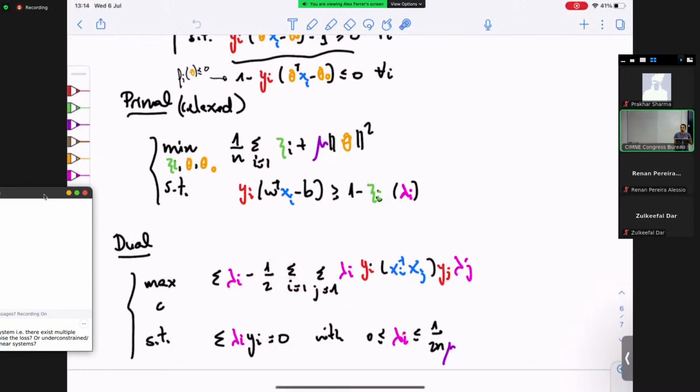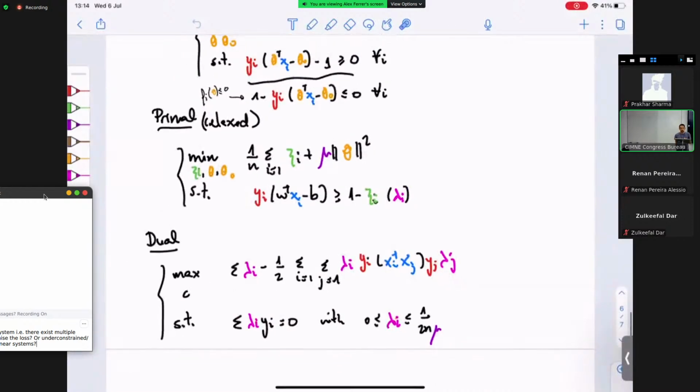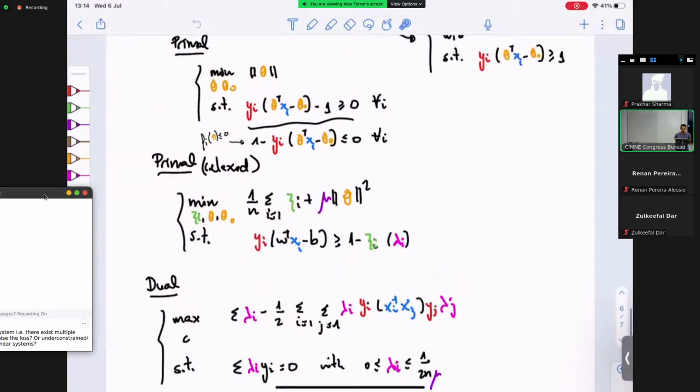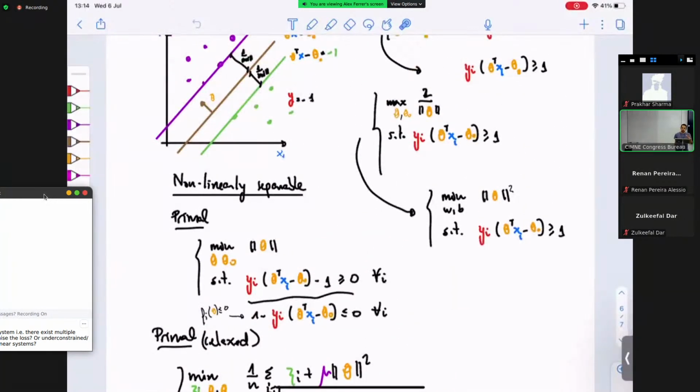And with this you have very fast algorithms, for example interior point methods. With the interior point method, you will solve this dual very, very fast. But as I was saying, you cannot have many data. Nowadays, support vector machines are not used as much as neural networks.